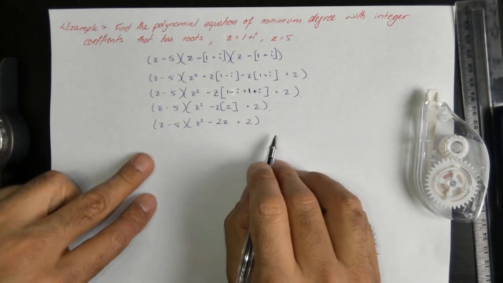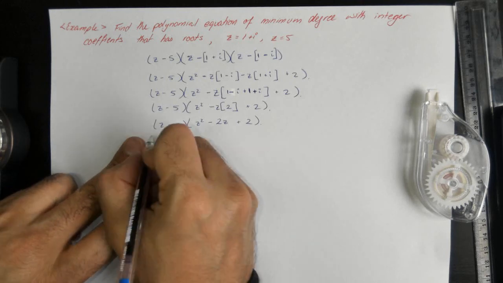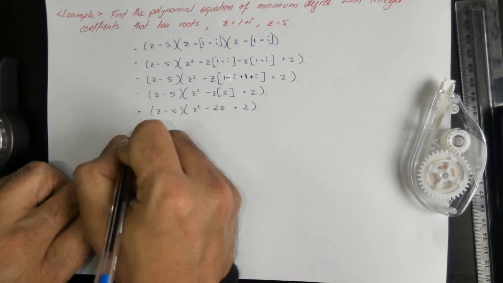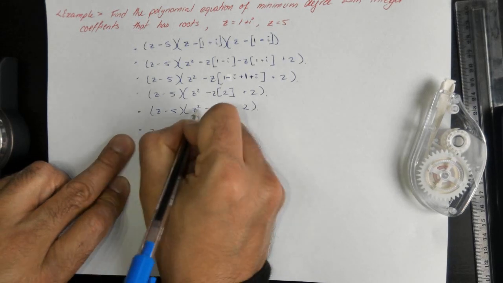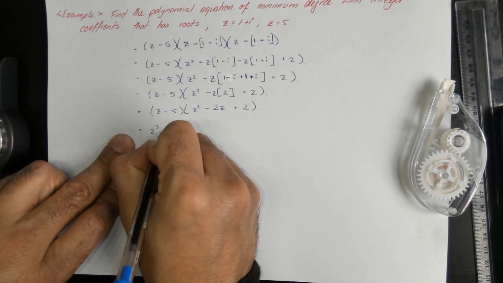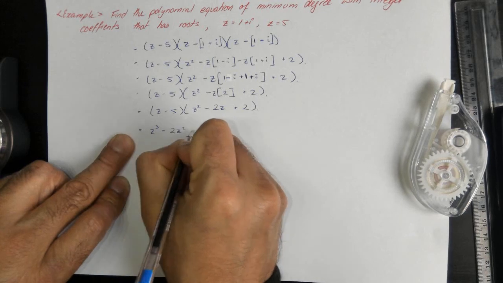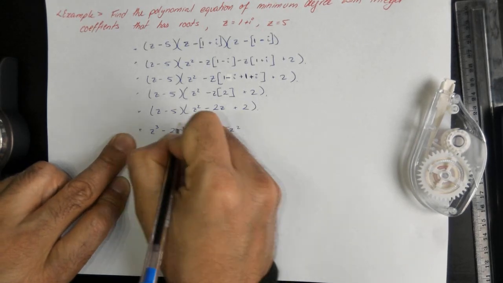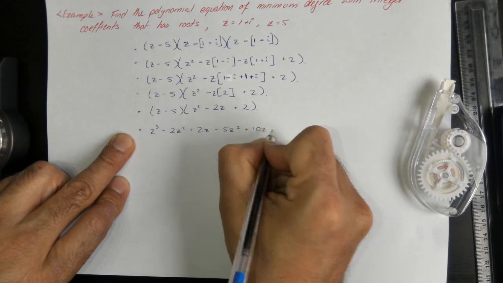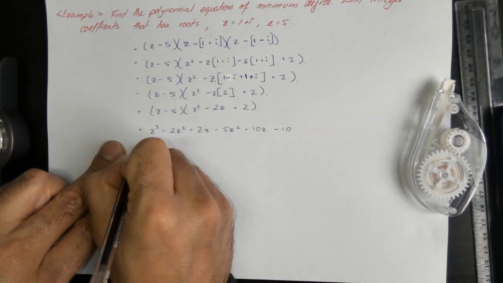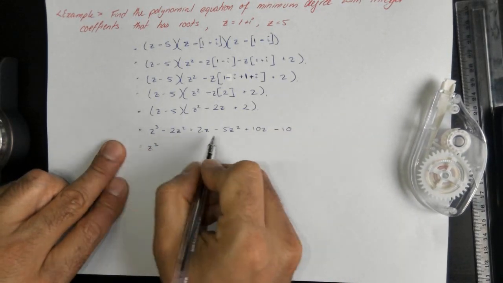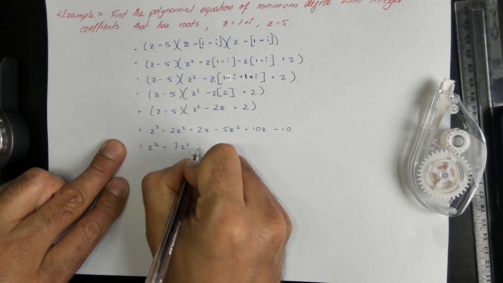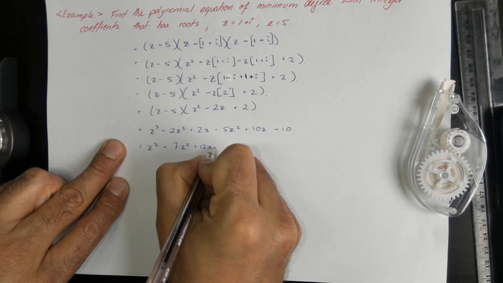They want to keep going further, so let's expand. z cubed minus 2z squared plus 2z minus 5z squared plus 10z minus 10, which is z cubed minus 7z squared plus 12z minus 10.